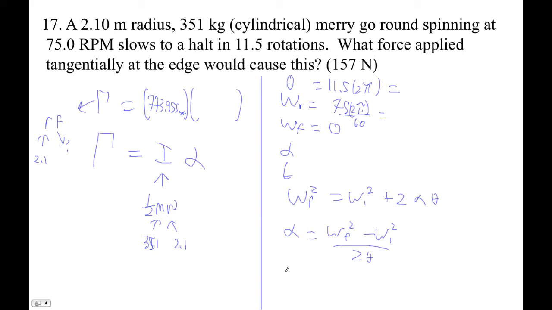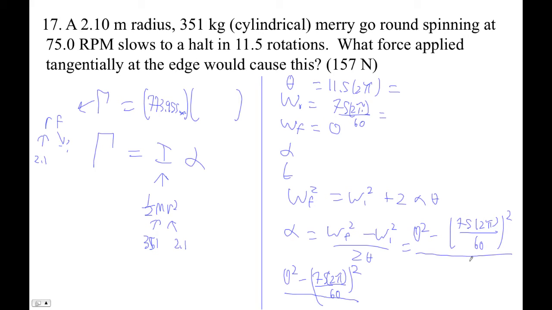It equals 0 squared minus (75 times 2 pi over 60) squared, all divided by 11.5 times 2 pi, times 2, right? 2 theta. This is theta right here.